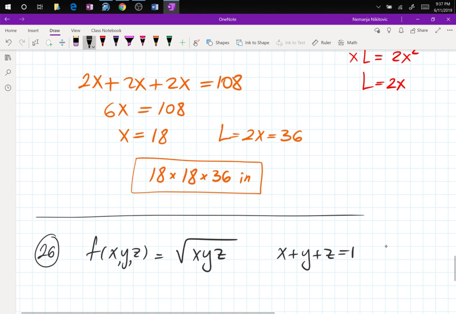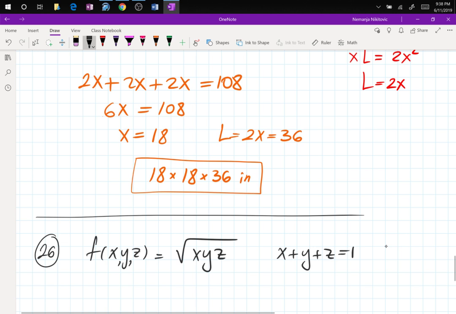This is a three-way symmetry. It doesn't matter what you change with what. Doesn't matter in which way you put x, y, and z, you cannot change these equations at all. Just by looking at this problem without solving anything, immediately I know that x equals y equals z for this problem.